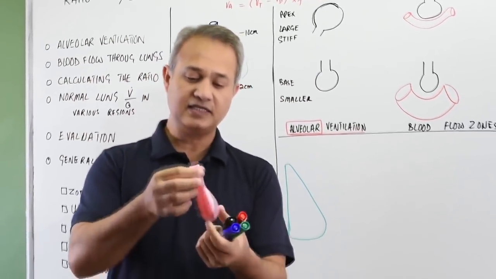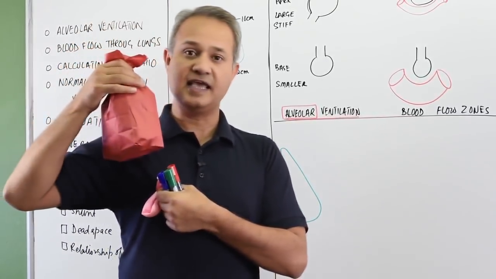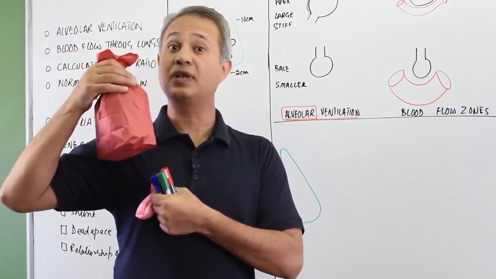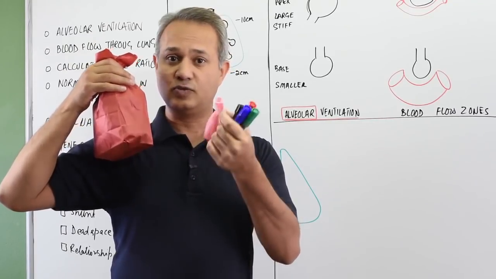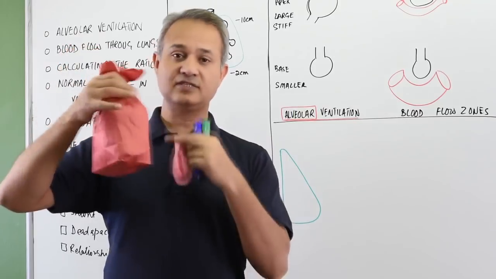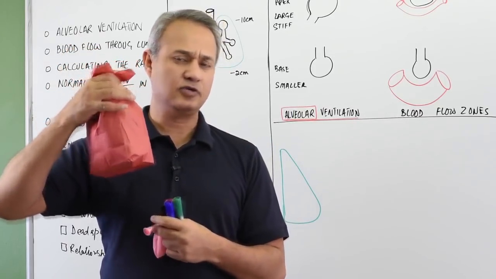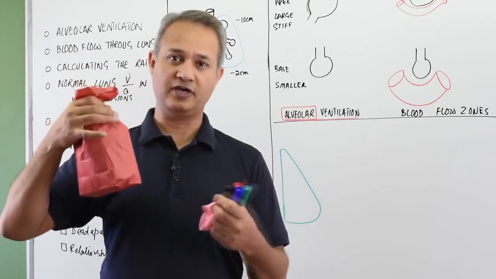Look, imagine that this is the alveolus at the base and this is the alveolus at the apex. Which one is more compliant? This one. Do you know why? Compliant means which is easily distensible. Well, this is already inflated. It's not going to distend further. Is that a bad thing? You say, well, it is already inflated, has a lot of air, we're all good.